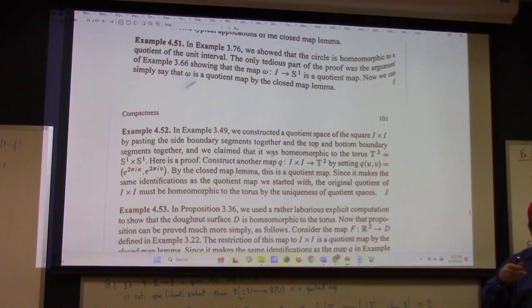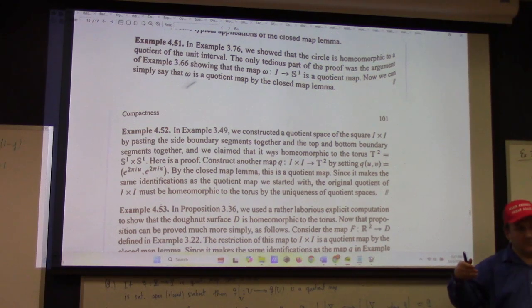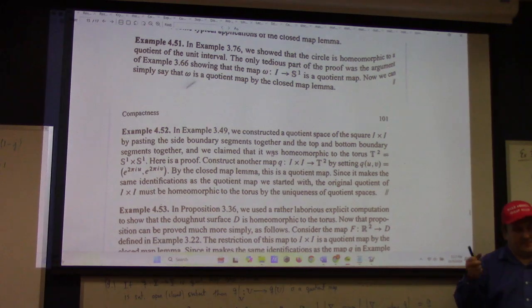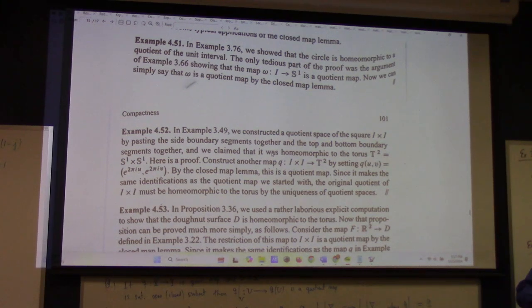Therefore, there's a homeomorphism from the torus to the identification space that we introduced on the first day. And that's the proof that that gluing space, where you take the page and glue it to itself, which I can't actually do with a physical piece of paper, I need a rubber sheet or something, is actually a torus, topologically speaking.